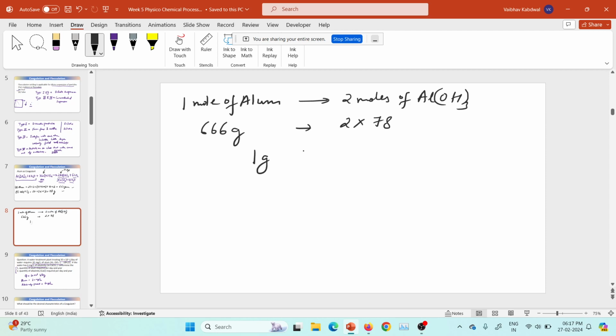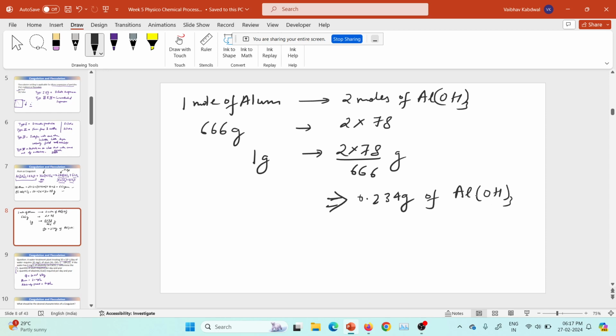So 1 gram of alum will produce 2 into 78 divided by 666 grams. So how much? It will be 0.234 grams of AlOH3. Okay, so this is for sludge.